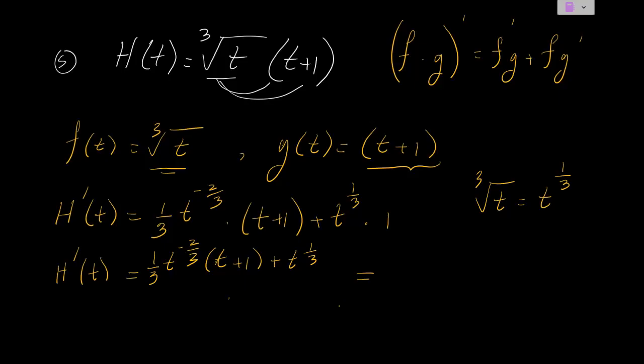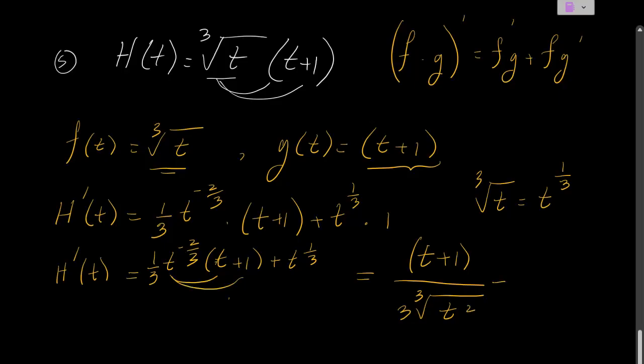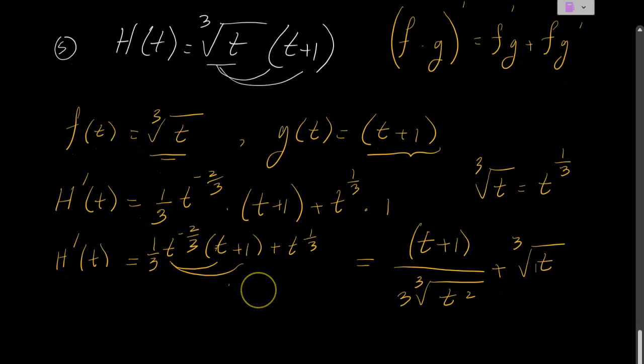The final answer for h prime of t will end up being t plus 1 over 3 times the cube root of t squared, and then plus cube root of t. All right, so that is the final answer to that.